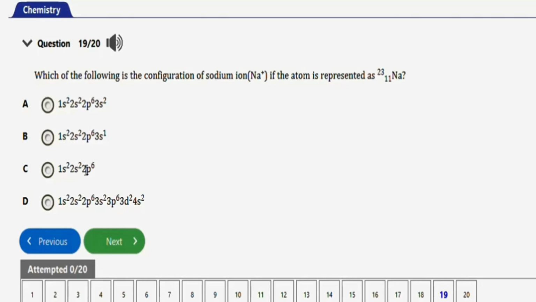Since we are looking for the charged sodium, it will now have 10 electrons because it's going to lose one electron. Alright, when you lose one electron, it's going to have 10 electrons remaining. So when you represent those 10 electrons in orbitals, this is the output: 1s2, 2s2, 2p6, having the structure of the noble gas neon.